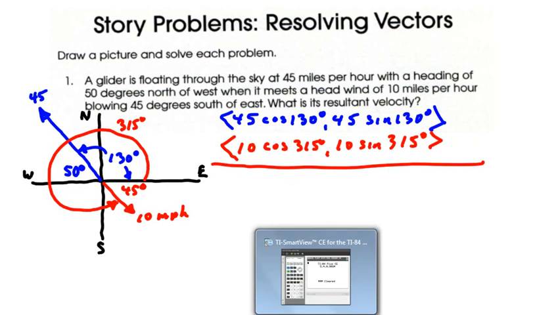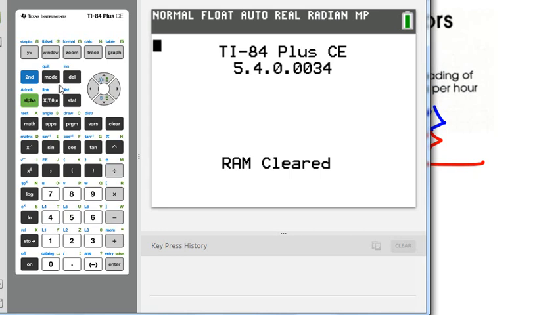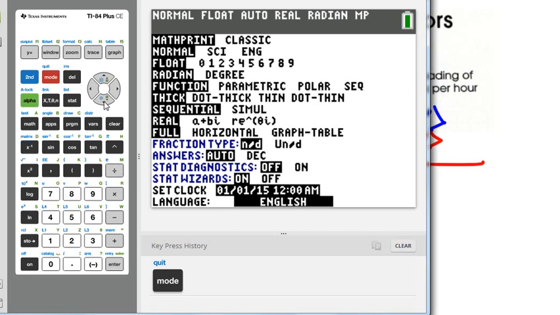Now the calculator, I see we're in radians, and so we're going to need to change that to degrees. So I go to mode and go down to degrees.